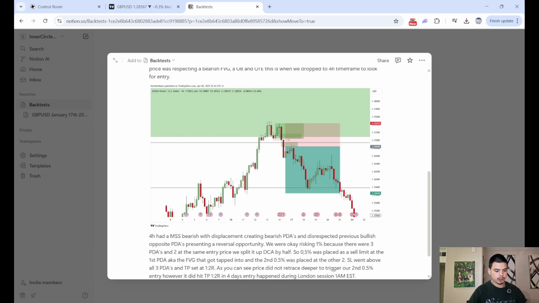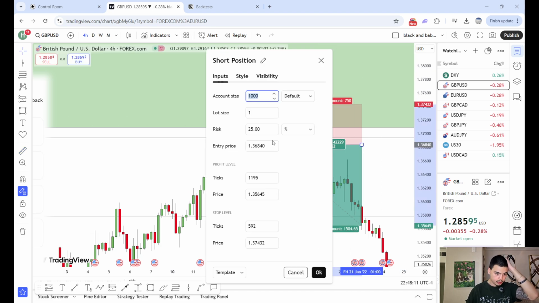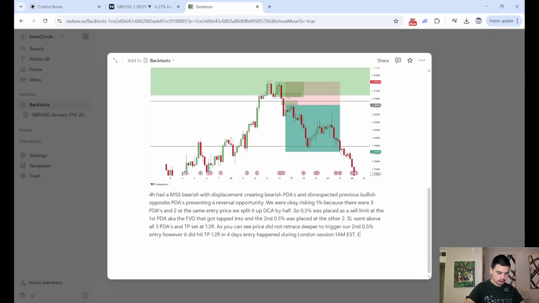And now I have a little journal template here. I want to make sure that I'm going over it correctly. And let's write down our entry price and stop loss. Entry price, stop loss price.